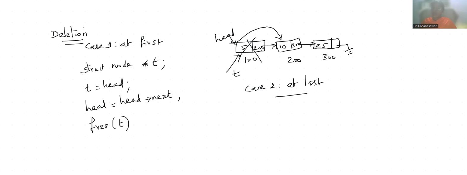Easily we can do that. So for that, what do you have to do? Use one traversing pointer. Take the traversing pointer till you reach the last node. Then easily I can delete that node. Suppose my traversing pointer is T. You have to start it from the head and stop at the last node.